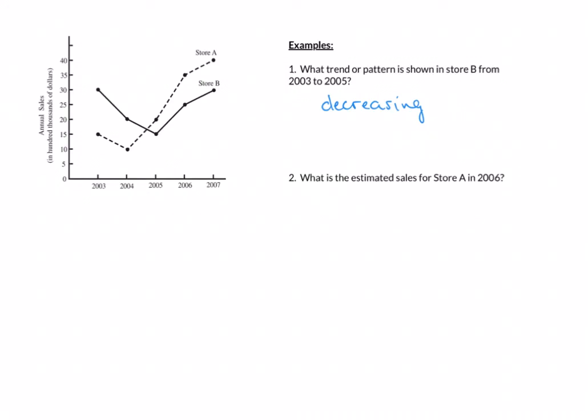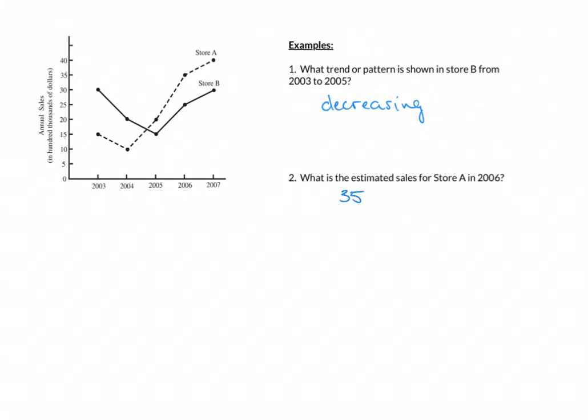Okay, now let's go ahead and look at problem number 2. We have what is the estimated sales for store A in 2006? So in 2006, we are right here for store A. This is 35, but we do need to be careful.